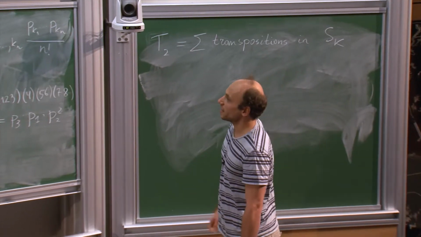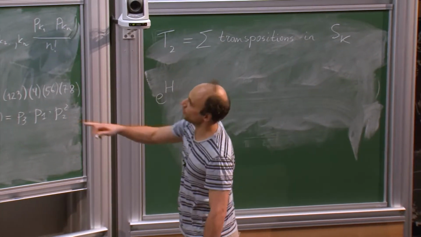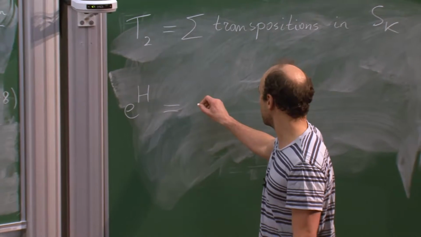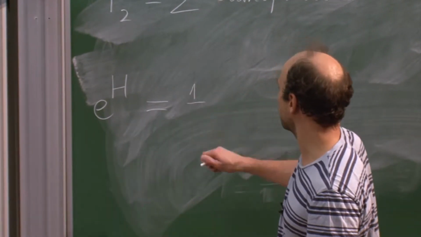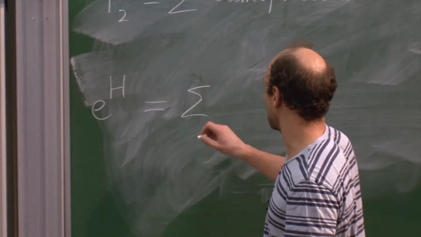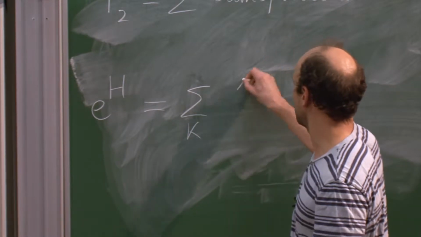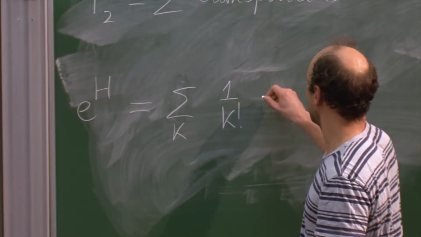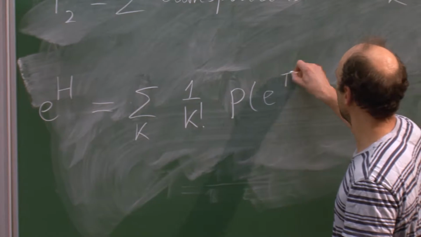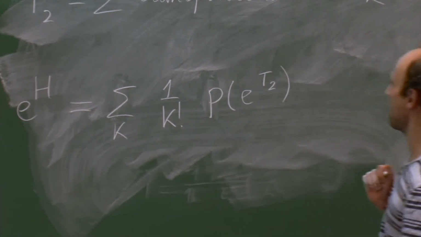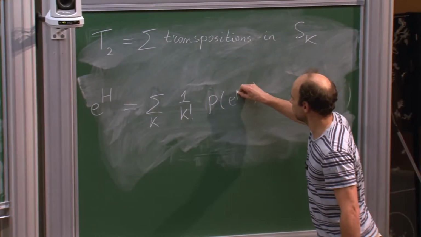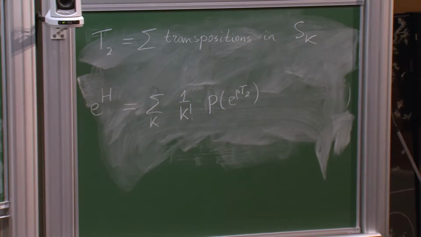And then I claim that e to the power H, the exponential of this generating series, is the sum over K of 1 over K factorial times p of e to the power beta times T2. Right, this is the correct formula.